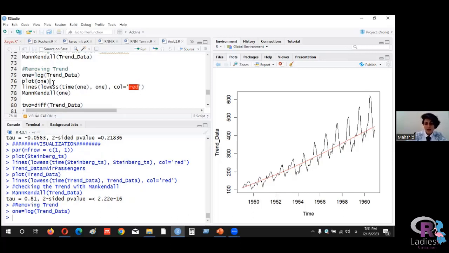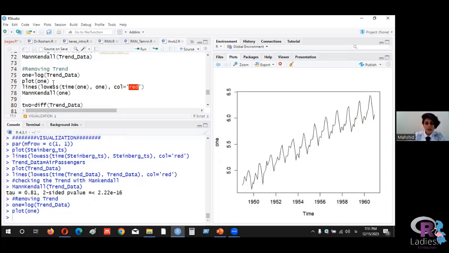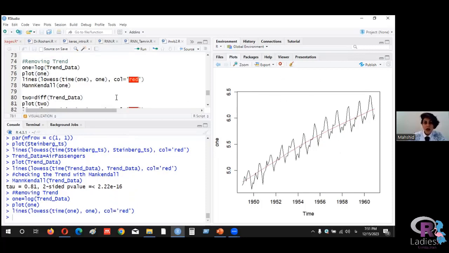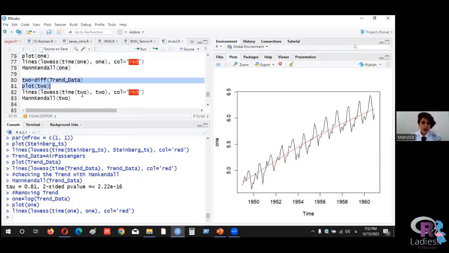And now if I draw the red line again, we can see that again we have the upward trend. So it means that this one is not a suitable solution for our time series. So we have to use the second solution.